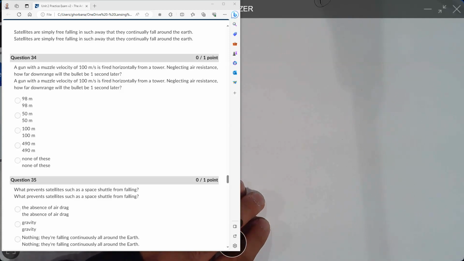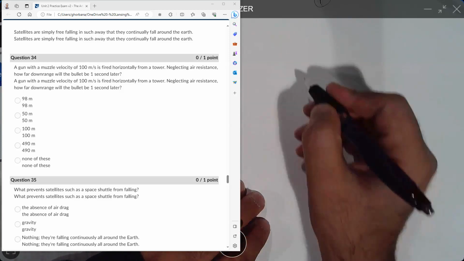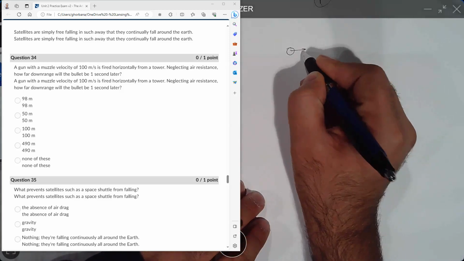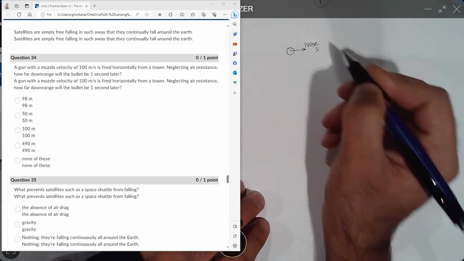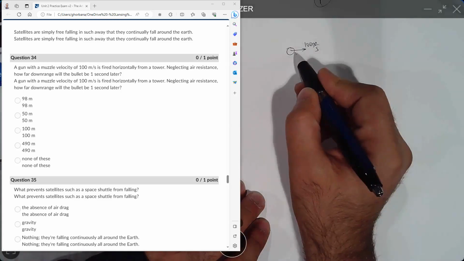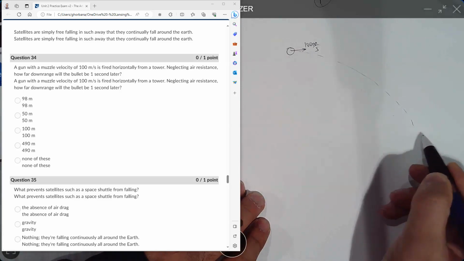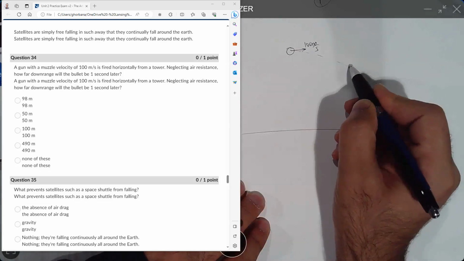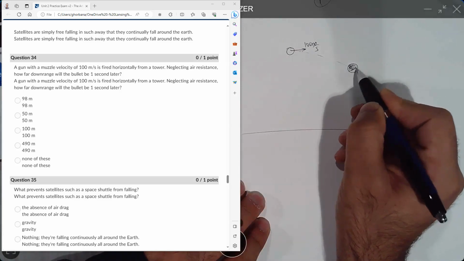It's telling us that we don't have air resistance, and the gun velocity is horizontal. This velocity is 100 meters per second, and it's asking 1 second later. Let's say the gun is here.